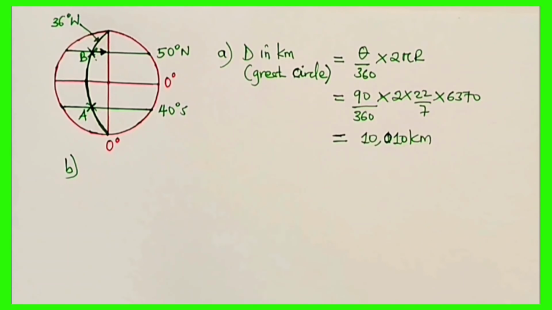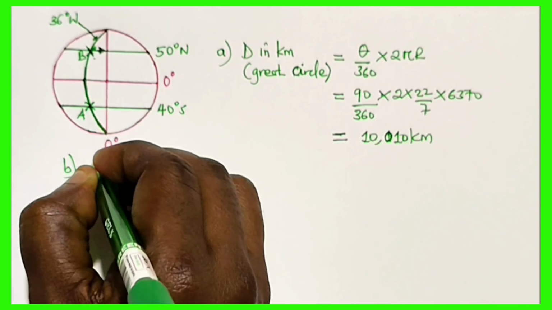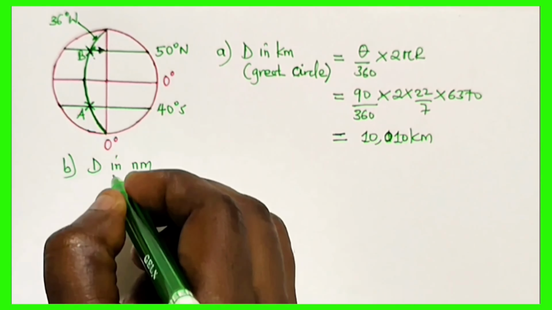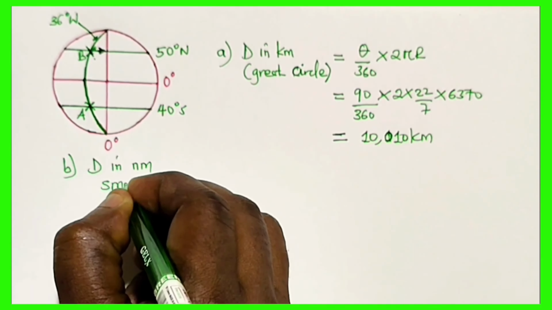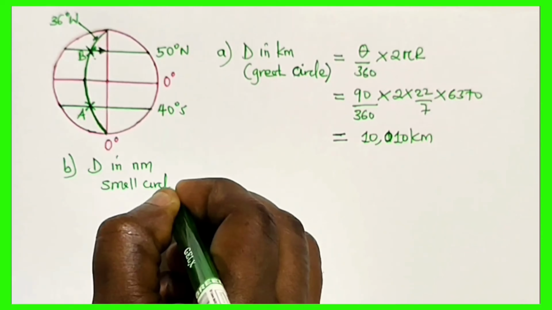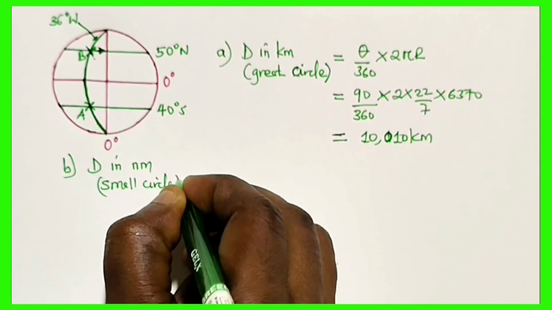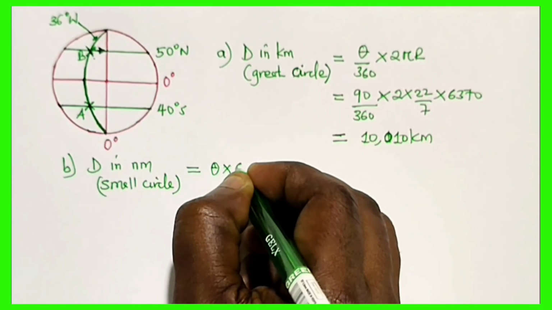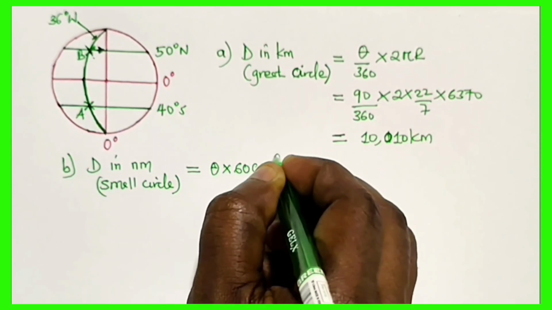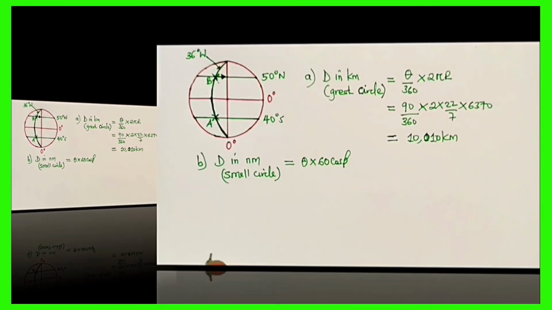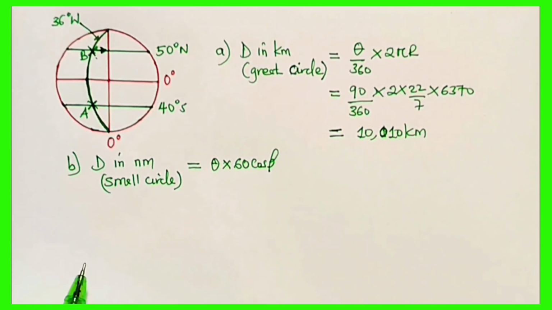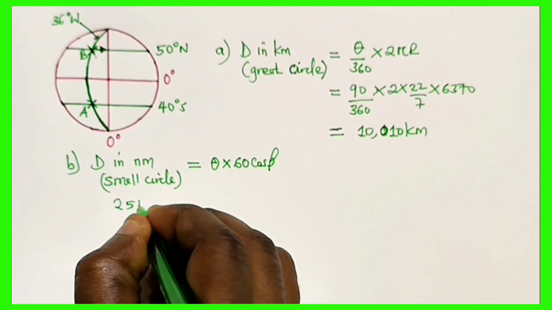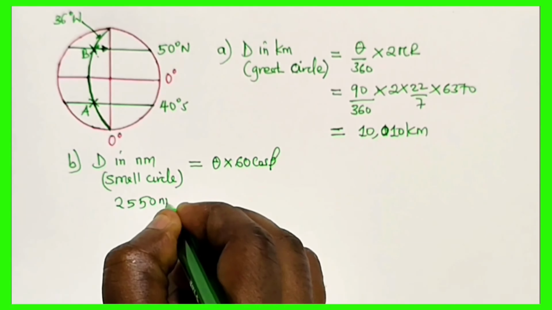So we're going to know the value of theta from the formula, distance in nautical miles along a small circle. And this will be equal to theta times 60 cos beta. And the distance between airport B and airport C, we've been given as 2,550 nautical miles.